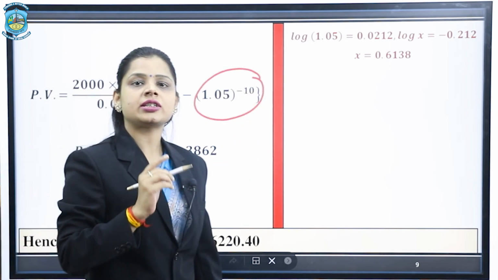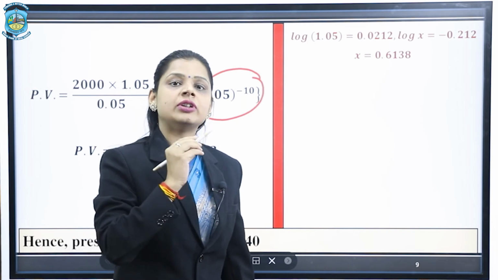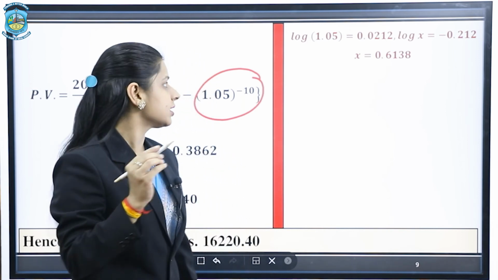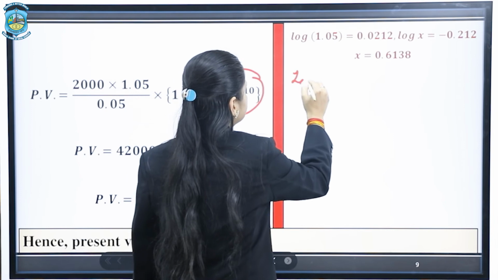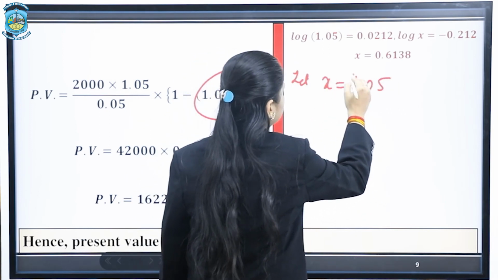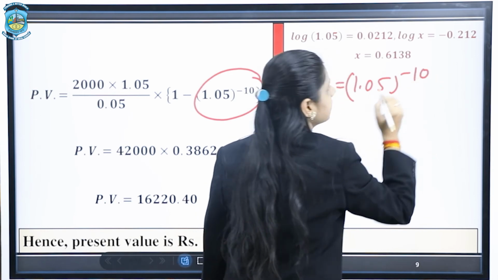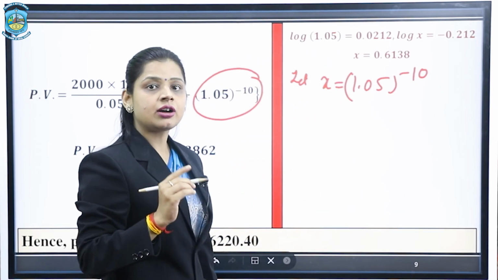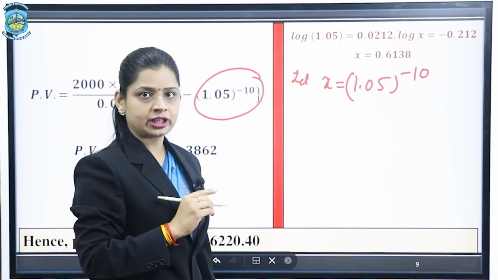And to calculate, we'll use logarithm. We'll take this term as x. So let x equal to 1.05 to the power minus 10. And now we'll take log on both hand sides.